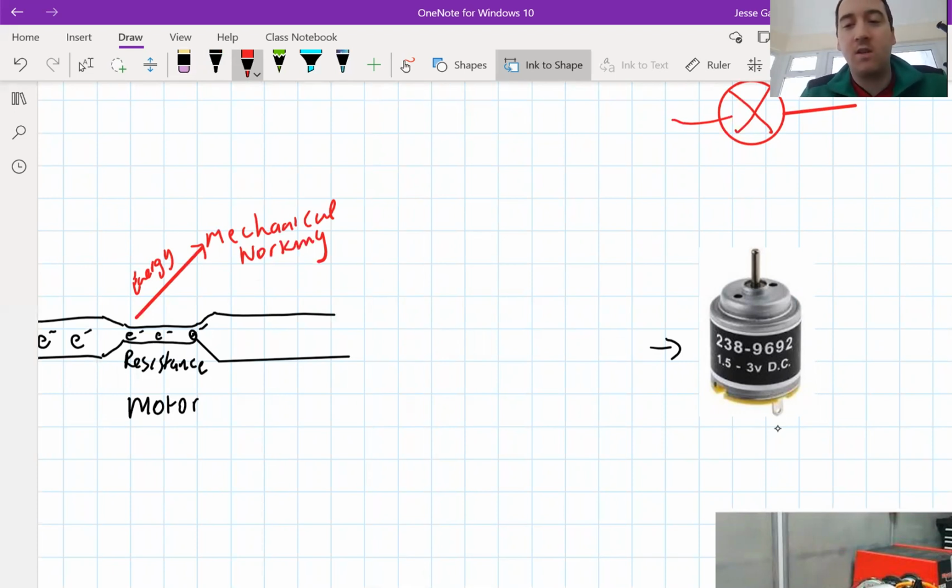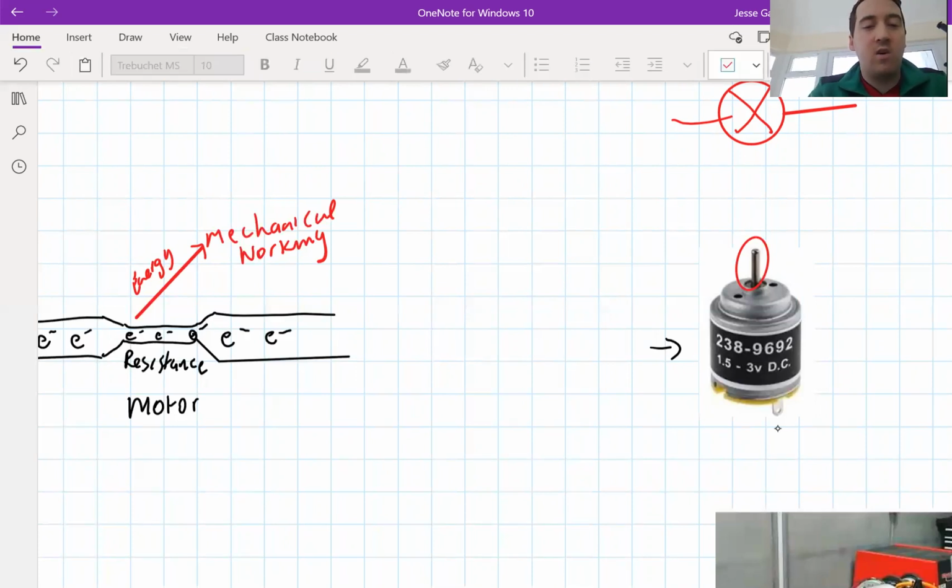You can attach something to this part of the motor, and it will spin around and you can make objects move. You could put a propeller on here, or you could put a gear on here. This object could push another gear, and you get mechanical work, and the energy gets transferred to the next gear and the next gear and the next gear. So that is mechanical working. Energy is transferred out of the circuit by mechanical working.